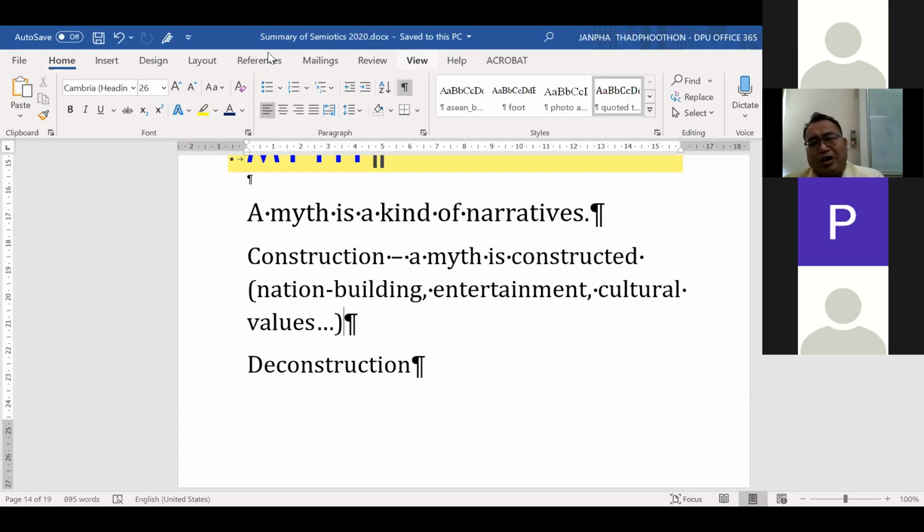So in order to understand this particular reality, as I told you, your reality is constructed, hopefully by you, but in reality, there are people who create the narratives for you.